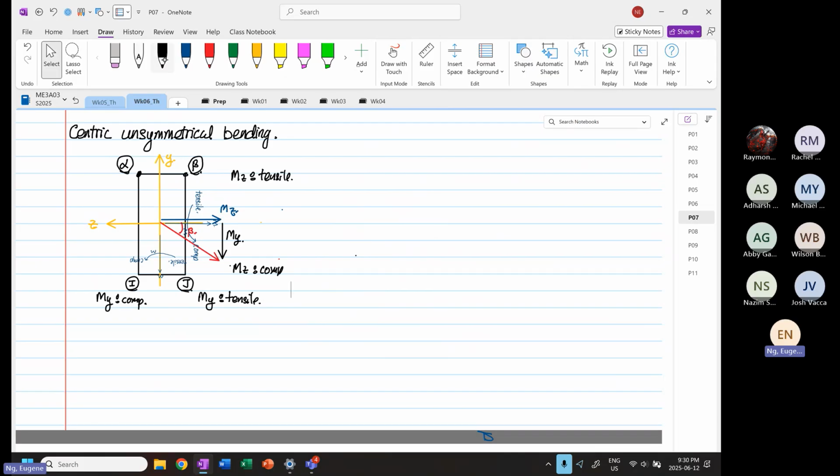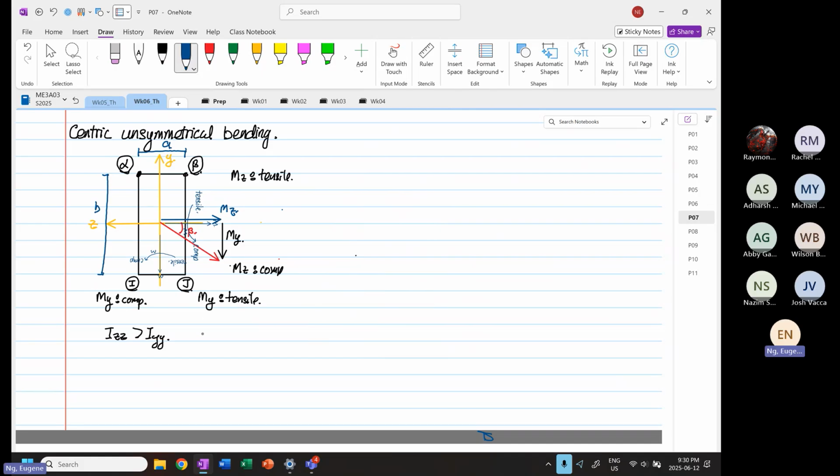And by observation, IZZ is greater than IYY. Why is that the case, right? Why make that observation? If this distance is A and this distance is B, right?